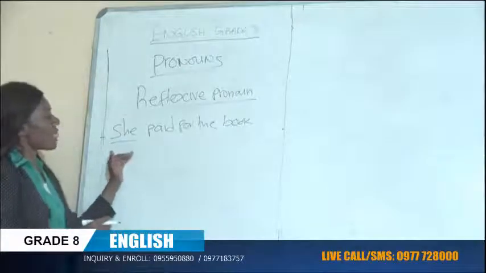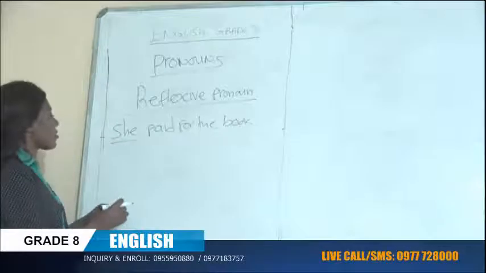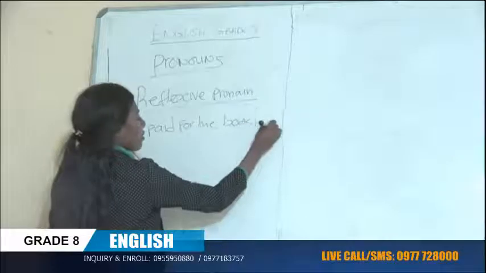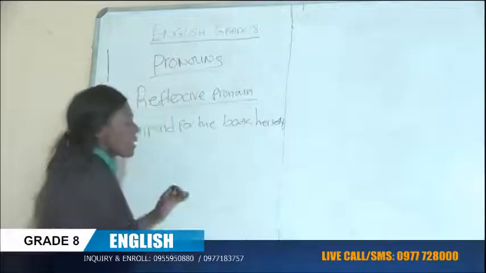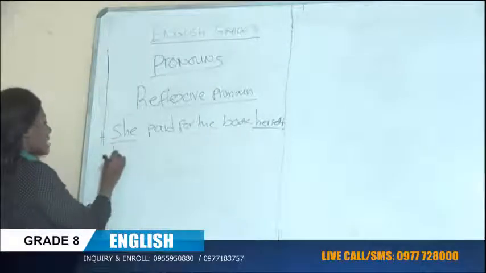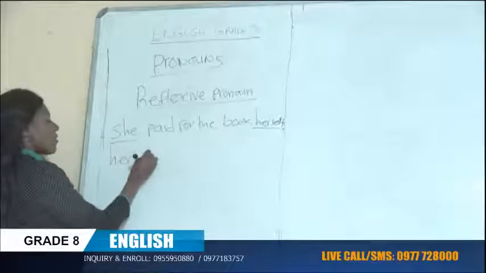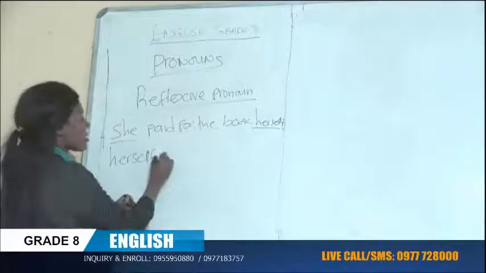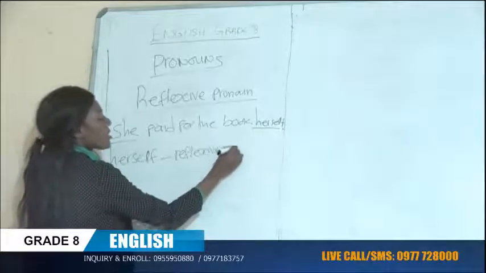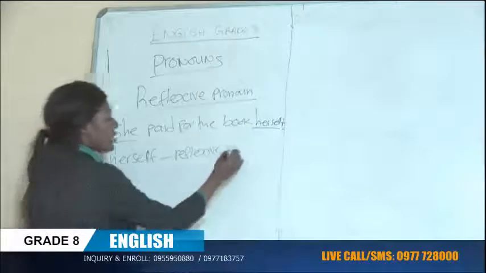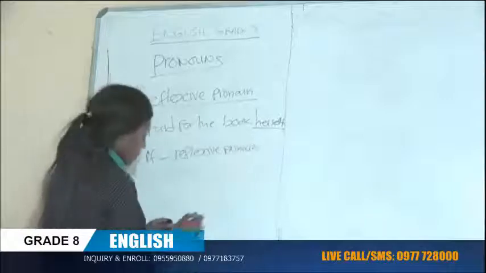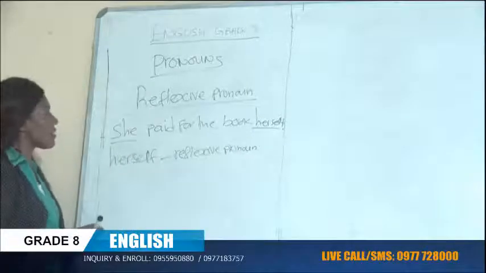So to add a reflexive pronoun to this sentence, we're going to say she paid for the book herself. Okay, so the word herself is what we call a reflexive pronoun, because it is taking us back to the subject.